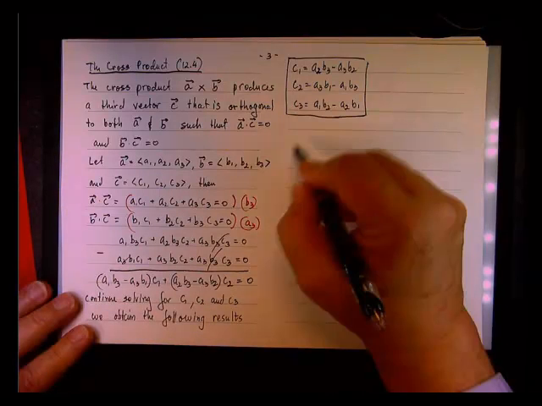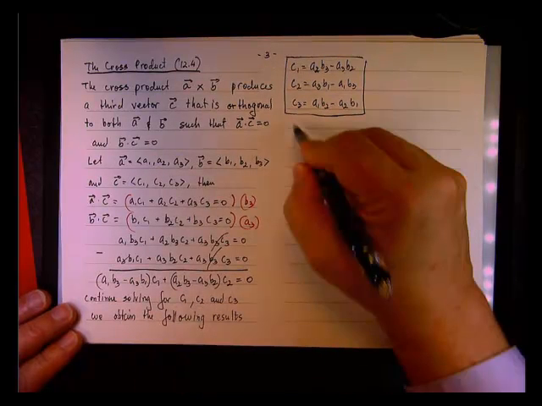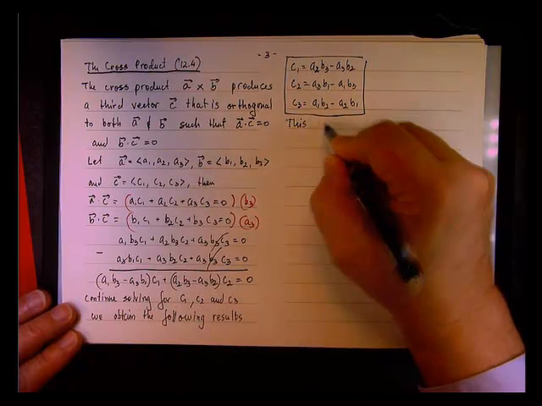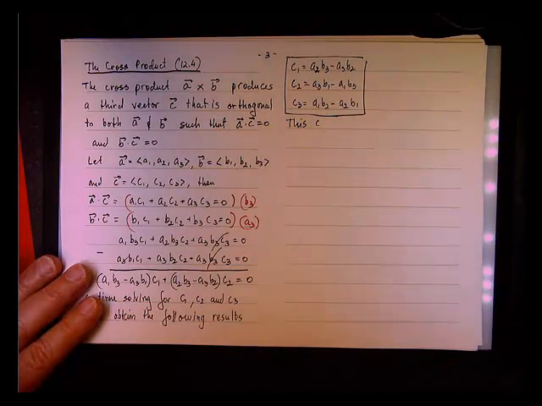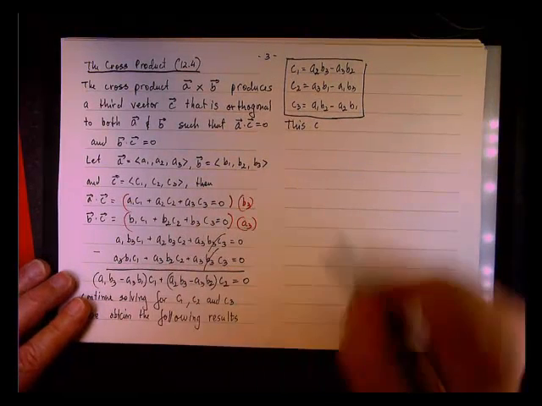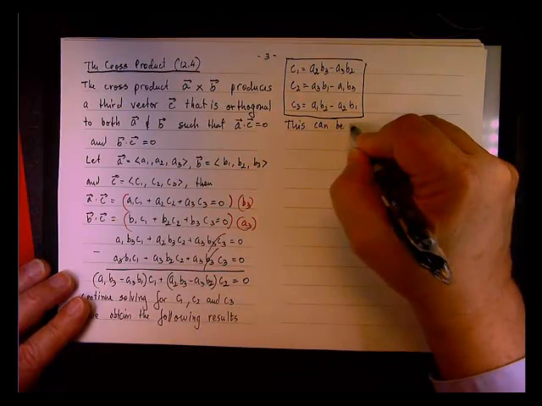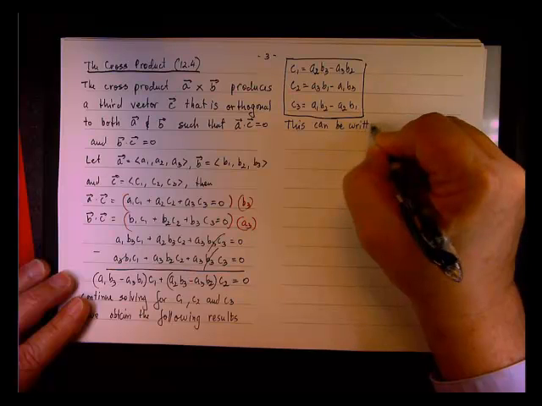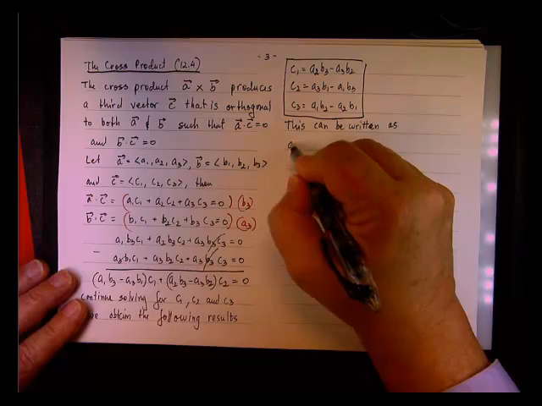Remember C1, C2, C3 are the components of vector C. So this can be written as the following.